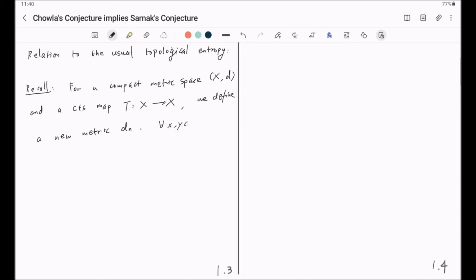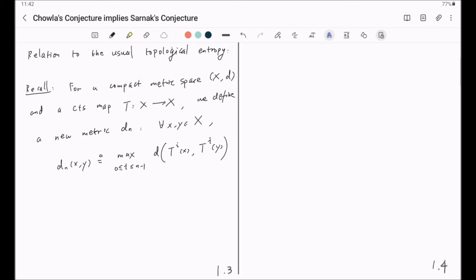For any x, y in X, D_n(x, y) is defined to be the maximum for i from 0 to n minus 1 of the distance between T^i(x) and T^i(y).